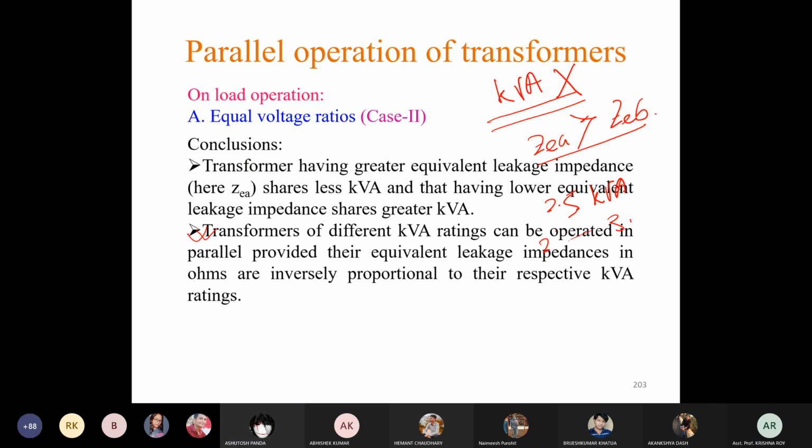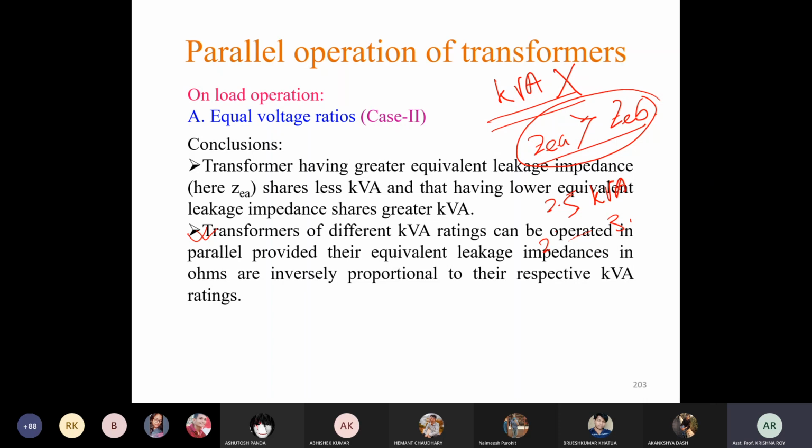Yes, sir. If we have unequal leakage impedance but equal X by R ratio, then we have to take transformers with kVA ratings as per their leakage impedance values.